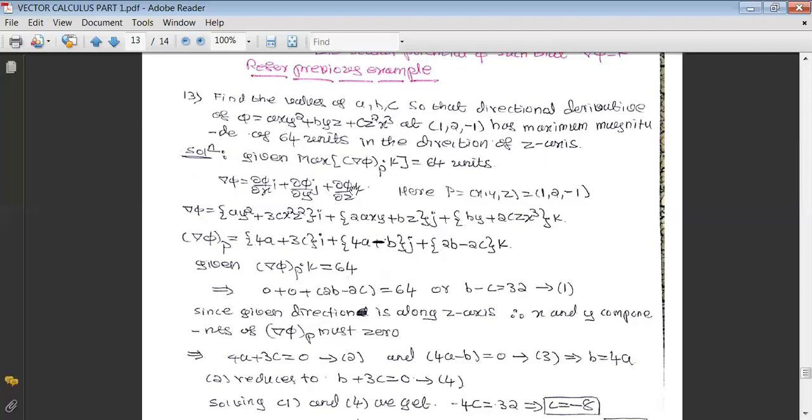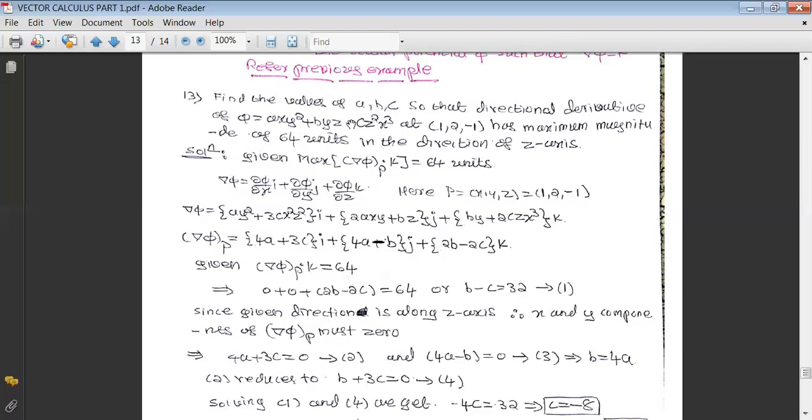Since in this case the maximum directional derivative is 64, and that is along the z axis, that's why del phi at the point P in the direction of that unit vector along the z axis, k, equals 64 units.